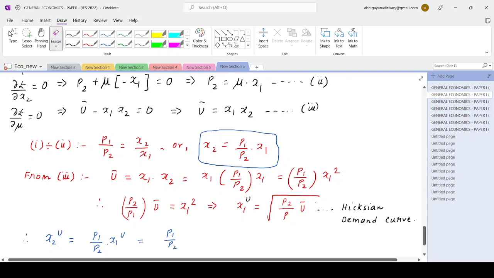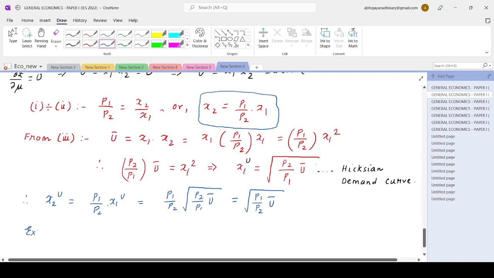There has been a small mistake. This will be p1 into square root of p2 by p1 times u bar. So that is basically square root of p1 by p2 times u bar.